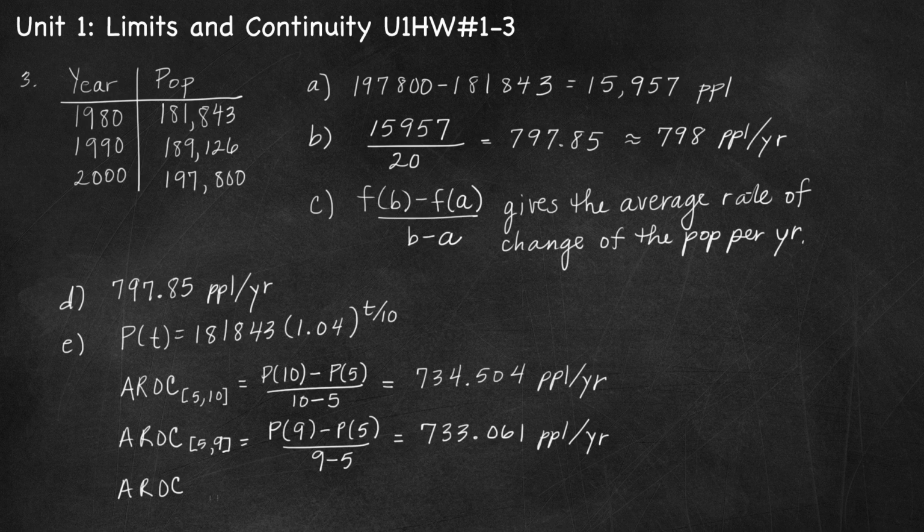Average rate of change on the interval from 5 to 8: P of 8 minus P of 5 over 8 minus 5. And that one is 731.621 people per year.